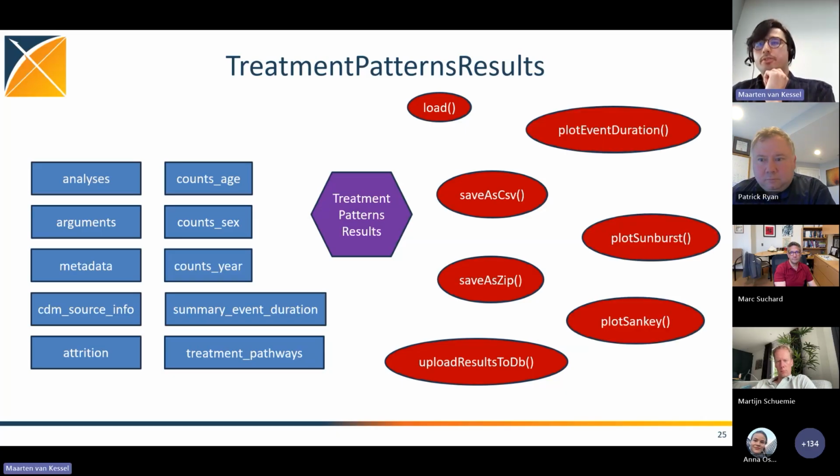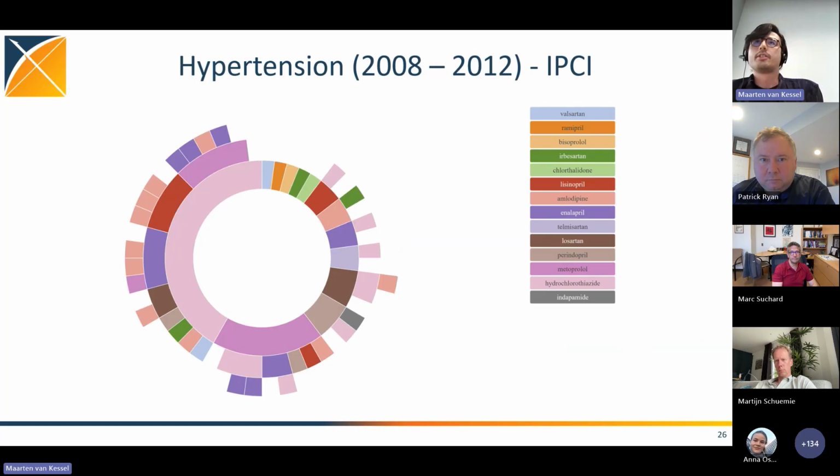And then finally, we also have plotting functions to plot the event duration, which is just box plots per treatment to summarize the duration of those treatments, the sunburst plot and the Sankey diagram. So this is the image that we saw before as well for the hypertension study.